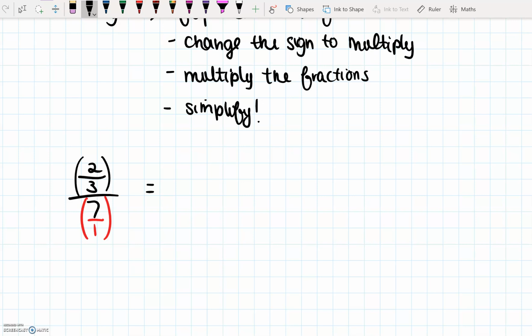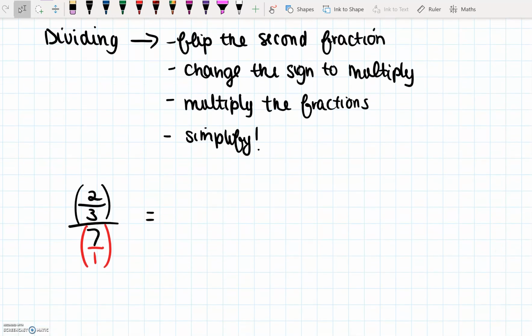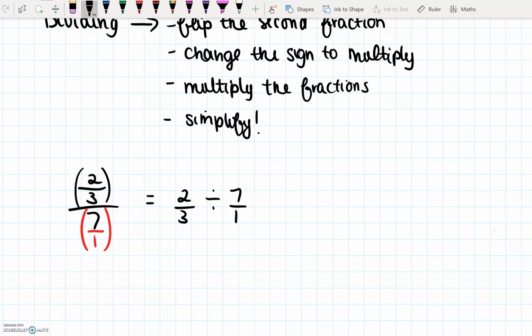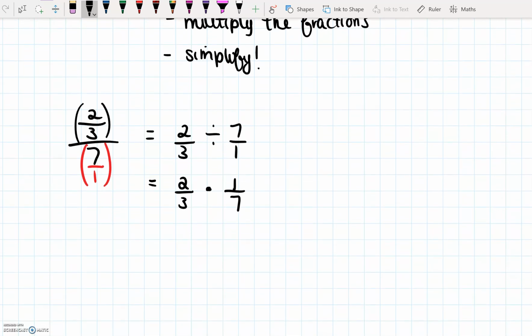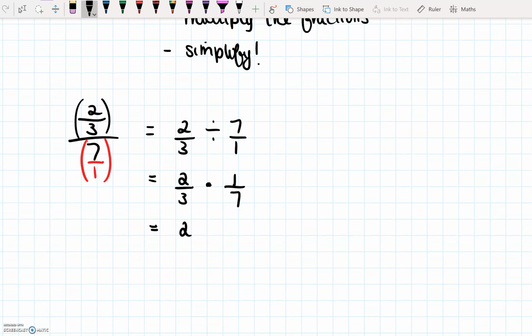So let's go through those steps. Flip the second fraction. So we've got 2/3 divided by 7 over 1. We flip the second fraction, so it becomes 2/3, don't touch that first one, and 1/7. Change the sign to multiply, and then just work through it. So we get 2 over 21 in this case.